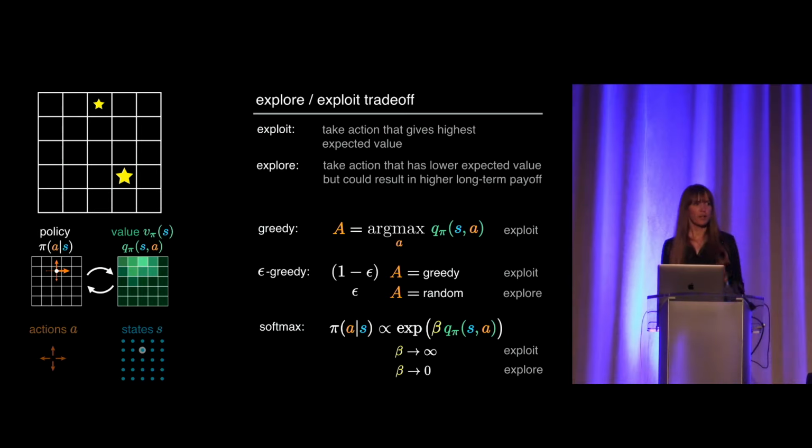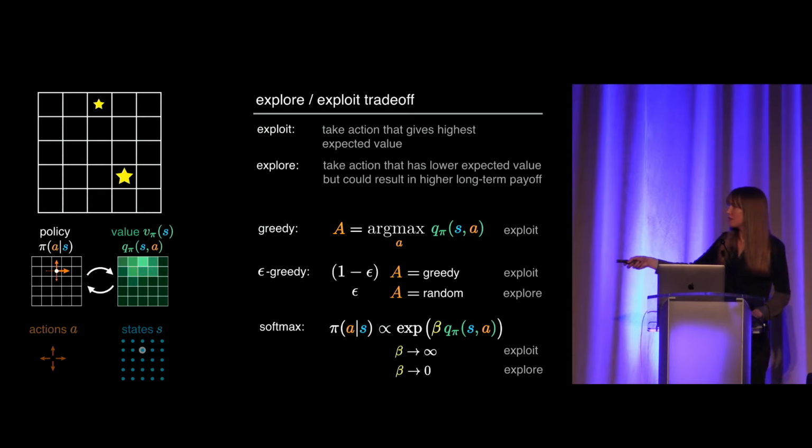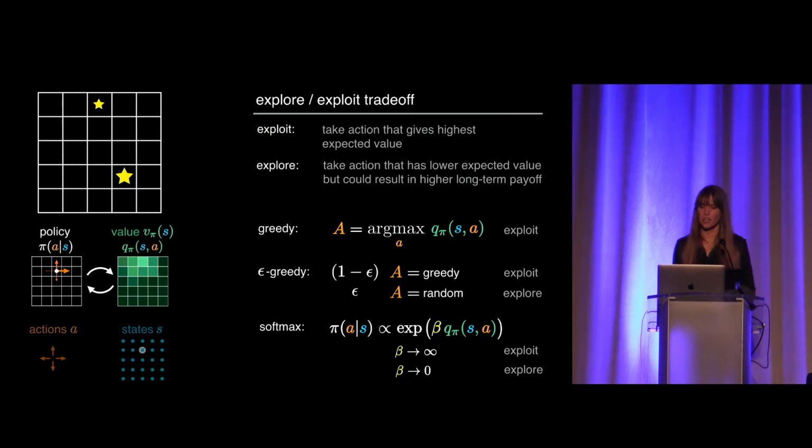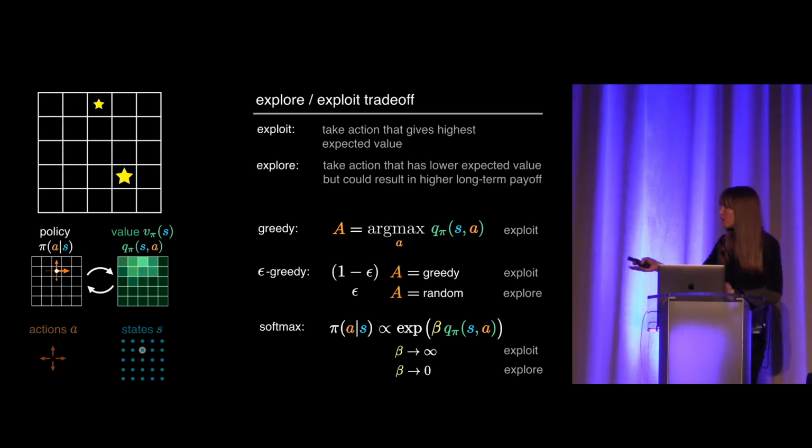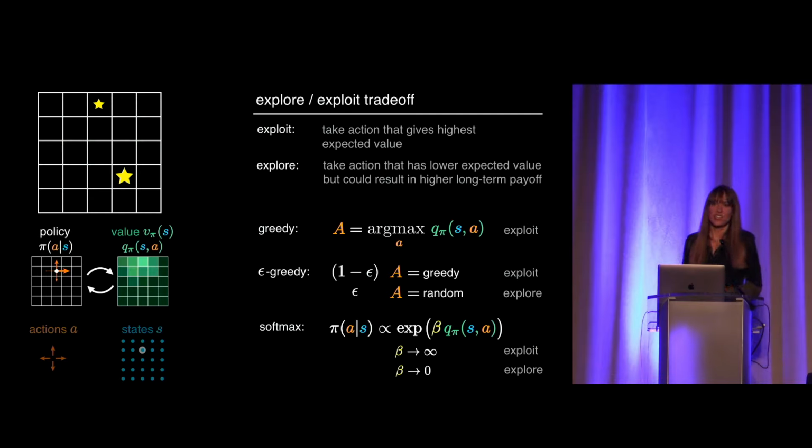Now, I should pause here and say that when we think about applying these sorts of ideas to study animal behavior, I've completely glossed over the fact that animals have certain actions that they can actually execute, and there are energetic costs to executing these actions. And so it's not as straightforward as specifying that an agent can take any action that maximizes a value function.